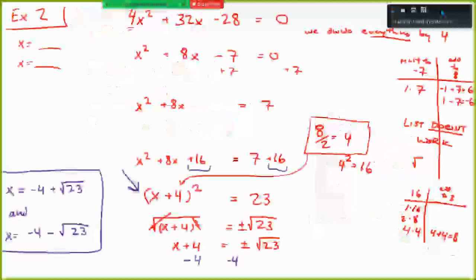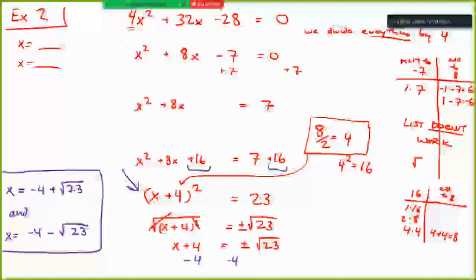One thing that I did not really show you that you may run into is that instead of adding it to both sides, like in example 2 back here, where we did plus 16 on both sides, sometimes people just do a plus and minus together.